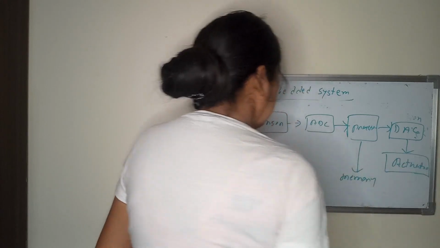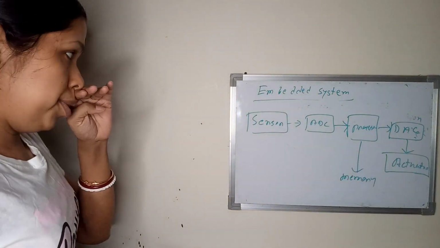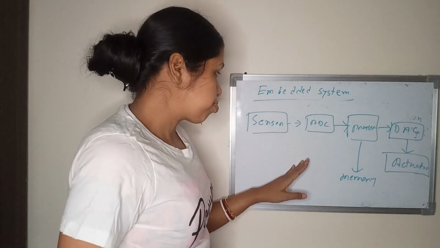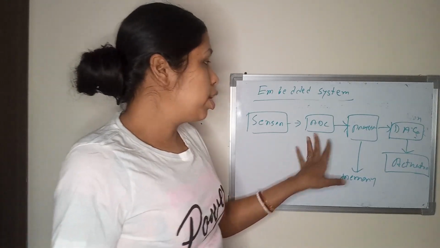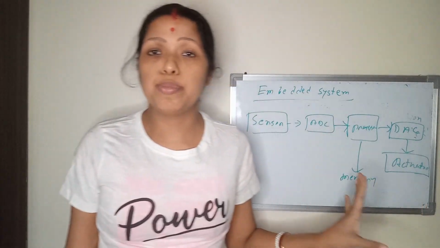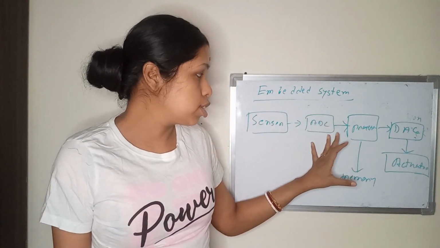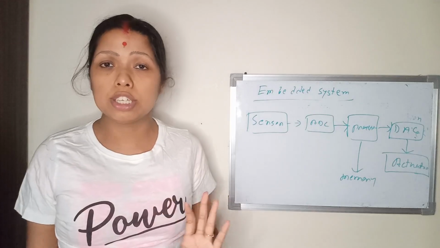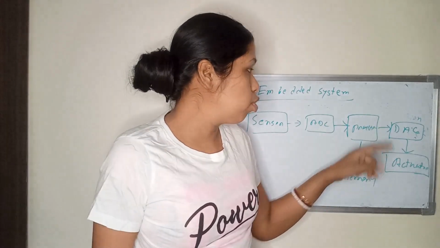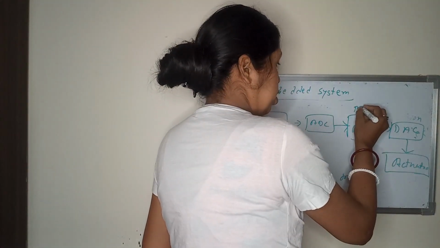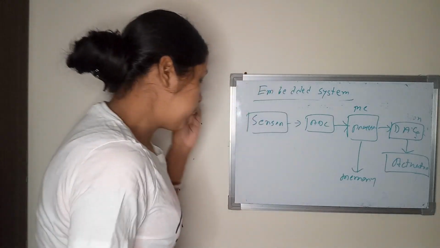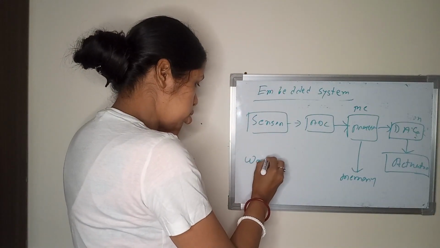Here I will give the example of the washing machine by using this. What is the principle of this block diagram of the embedded system? Inside the processor you will have the microcontroller, suppose. So I am telling about the washing machine.